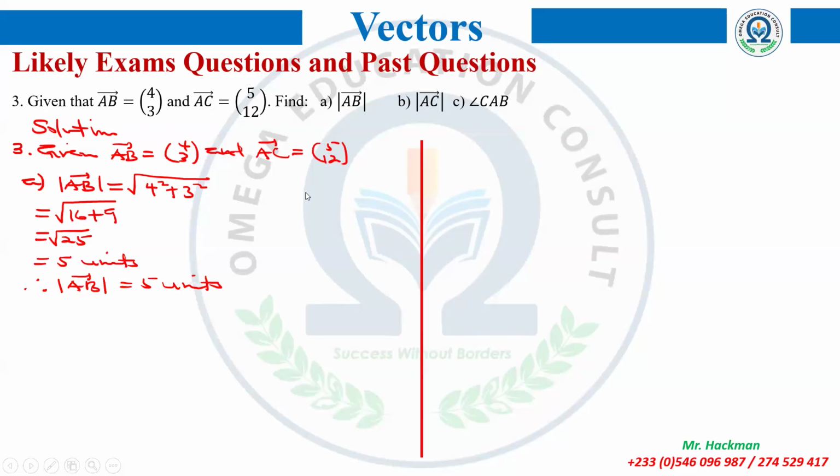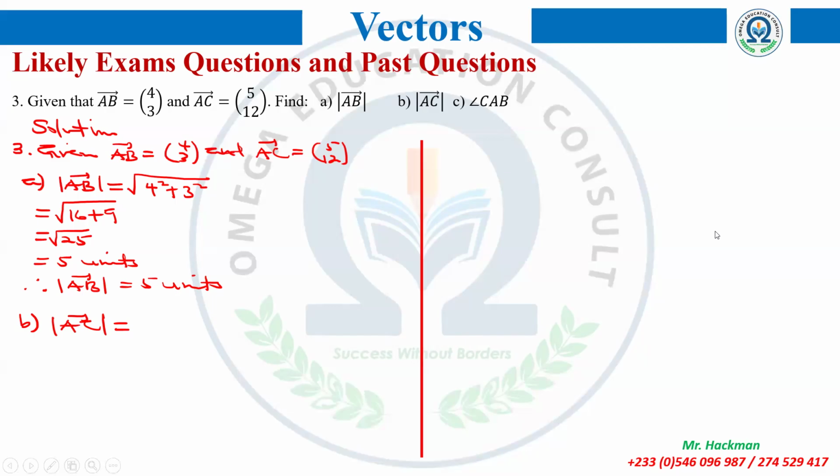Okay, now let's look at part B. We are supposed to find the magnitude of vector AC, so you leave a line. Never leave spaces between your steps, unless you are moving from one sub-question to another. So the magnitude of vector AC. Let me see whether maybe Janisha has been able to pick something from here.